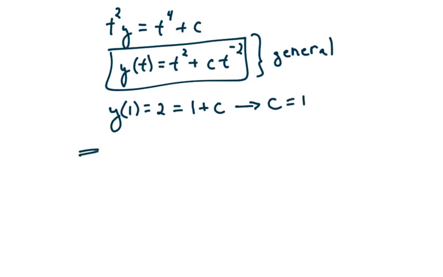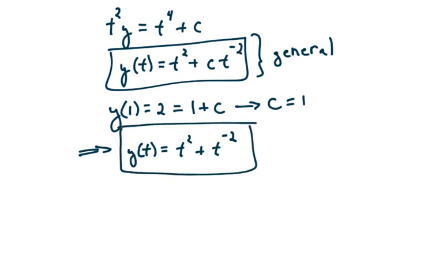And so our particular solution is going to be y of t equals t squared plus t to the negative 2. And again, this is our particular solution.